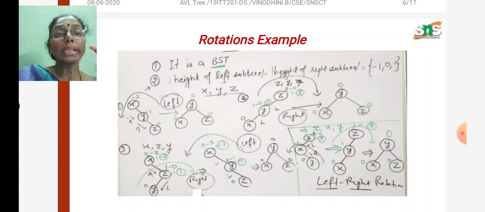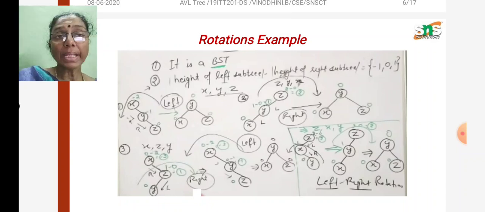When you insert x, the balance factor is 0. Then you insert y; it is a BST, so in alphabetical order y comes on the right side of x. Now the balance factor of y is 0 and x is -1. Next you insert z in the right subtree of the right side of x. Then z is 0, y is -1, but x is -2.